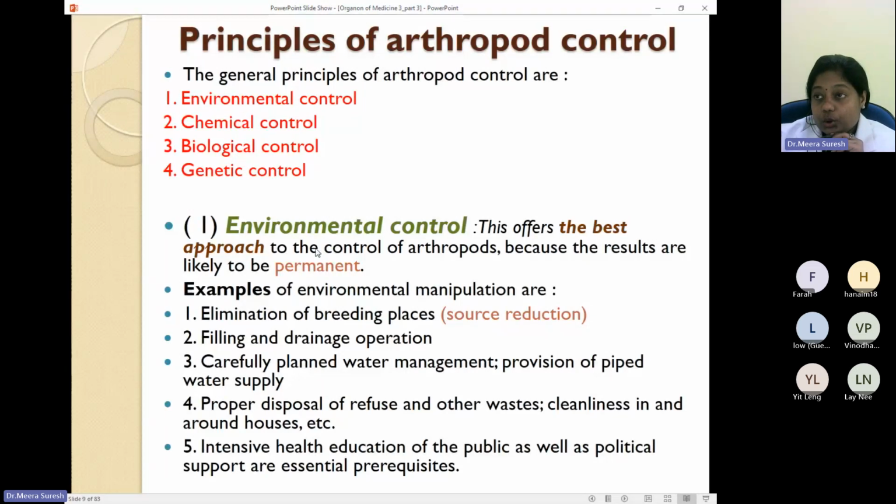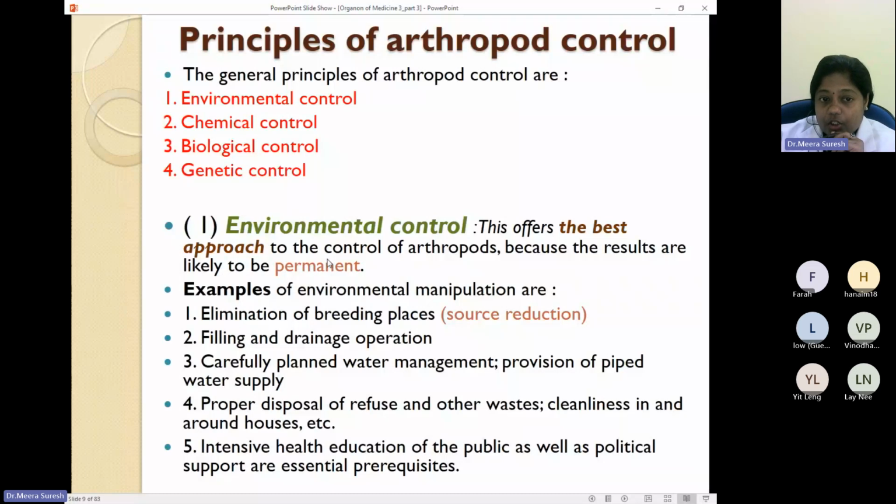Environmental control is actually the best idea, a very inexpensive method giving a long-lasting result, almost permanent. We can put that under environmental sanitation, because all these arthropods have a particular habitat in which they breed and grow or develop.